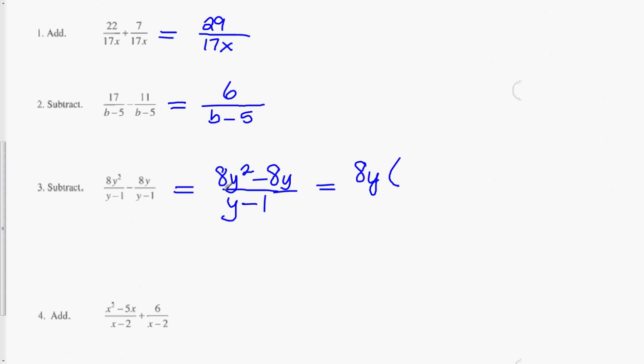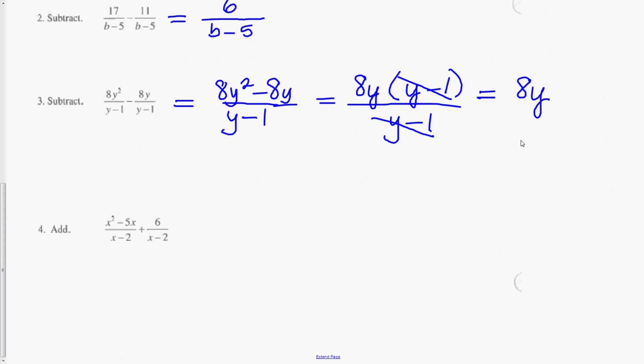And if I divide that out, because I'm doing a GCF, I'm going to have a y minus 1 left. And then I have a y minus 1 on the bottom. Now those would cancel, and I'm left with 8y. Sometimes you can simplify these, sometimes you can't. It just depends on if you can factor at the end and then cancel anything.